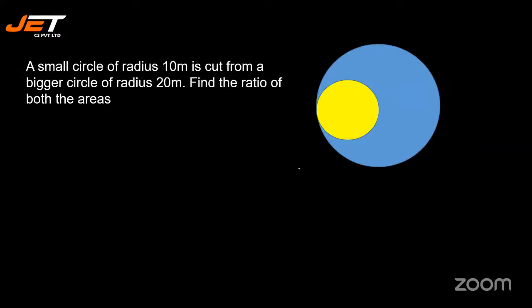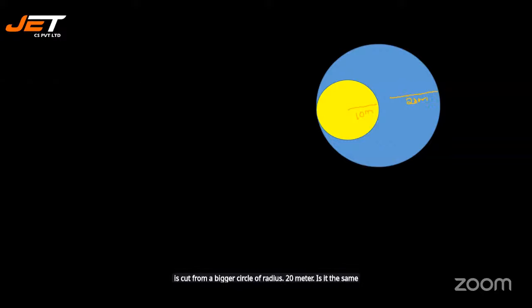Right. See here, a small circle of radius 10 meter. You can see here both are same color. So radius is 10 meter is cut from a bigger circle of radius 20 meter. Is it the same sum that we did?